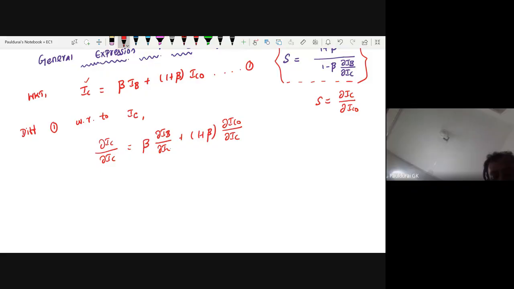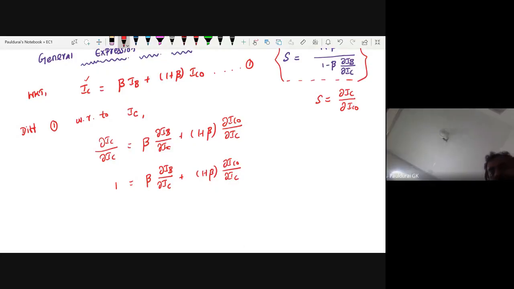So now this is 1, which is equal to beta times change in IB with respect to IC plus 1 plus beta times change in ICO with respect to IC. Okay.